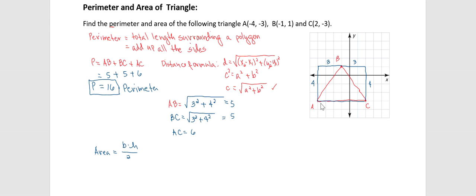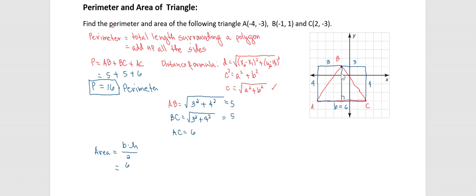Now, since AC is the horizontal line, we can already use that as the base, which is equal to 6 units. And then the altitude or the height is the length of the line segment from point B perpendicular to your line segment AC.